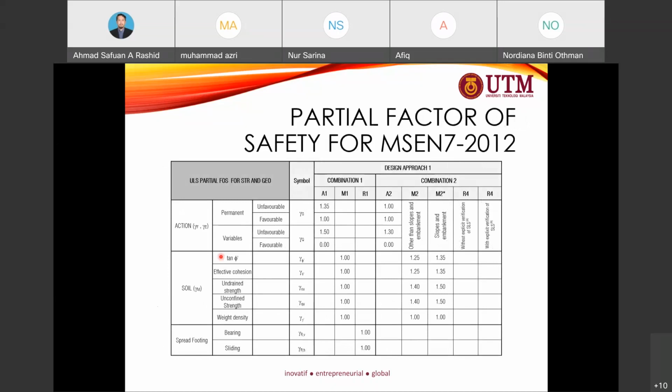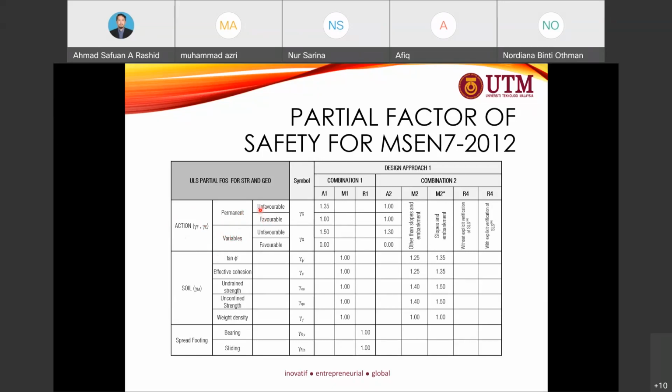So these are the partial factors of safety to be used for the shallow foundation. For the design action, we refer to permanent and variable. Under the British standard, permanent refers to the dead load and variable refers to the live load. Then we have unfavorable and favorable.